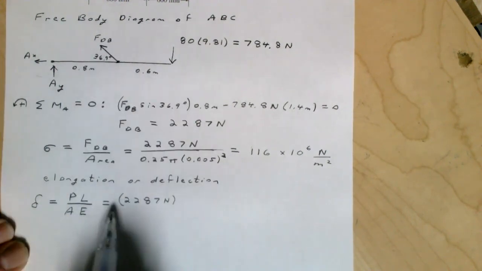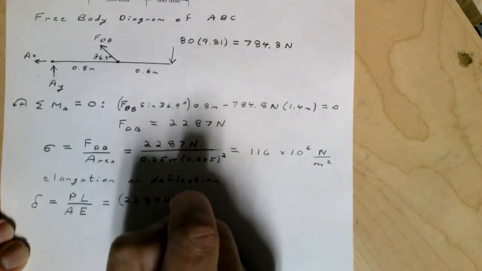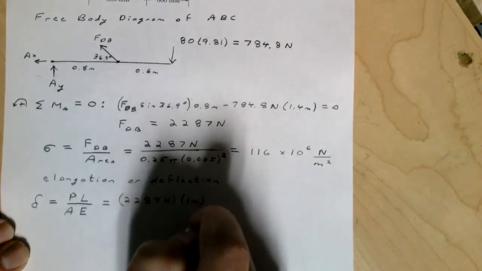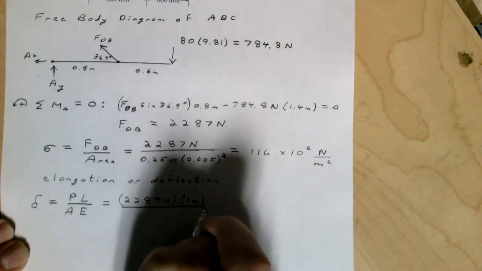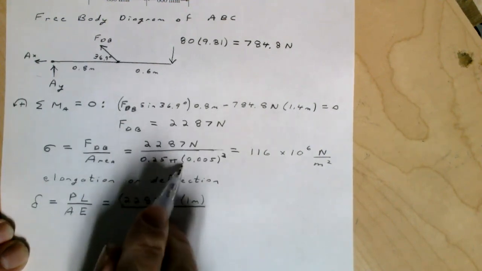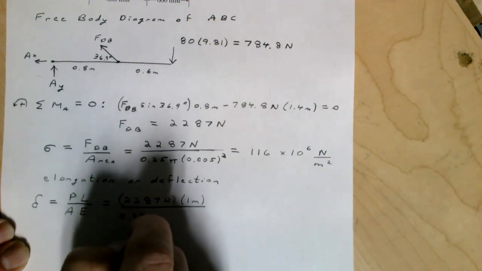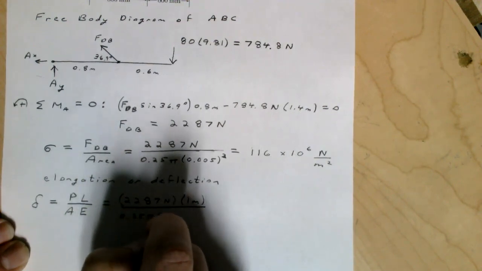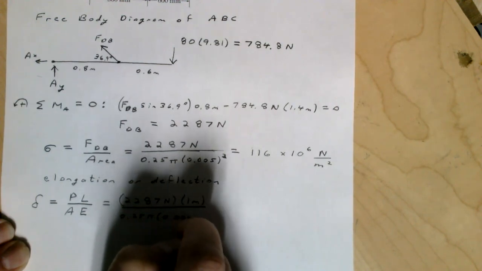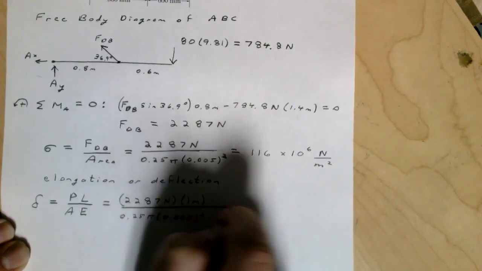L will be the length of the wire, which was 1 meter. The area of the wire was this right here, 0.25 pi times 0.005 squared.